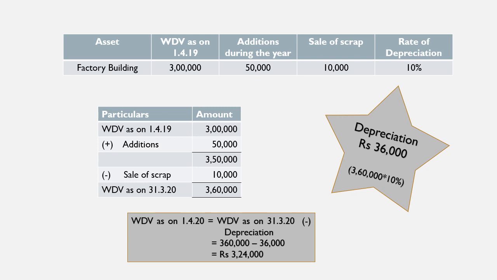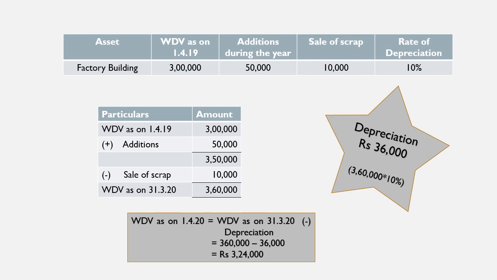After finding out the written down value as on 31/3/20, we find out the depreciation of 10% on it. So on 3,60,000, the depreciation will be 10%, amounting to rupees 36,000.